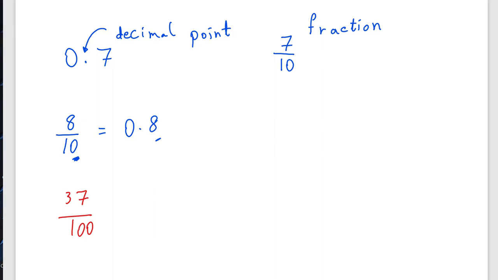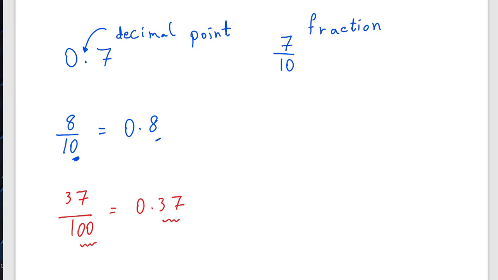This is 37 hundredths. To write it as a decimal, we write 0.37. And here we have 2 digits to the right of the decimal point. So if we have 100 in the denominator, we need 2 digits to the right of the decimal point. Remember, here we have 2 zeros, so we need 2 digits to the right of the decimal point.